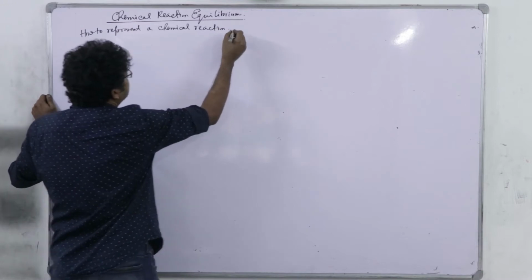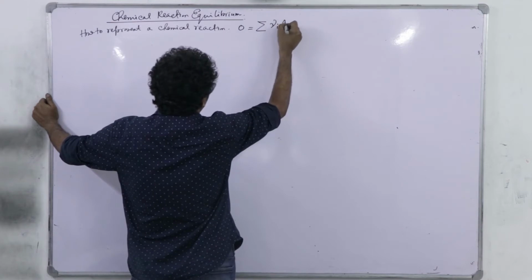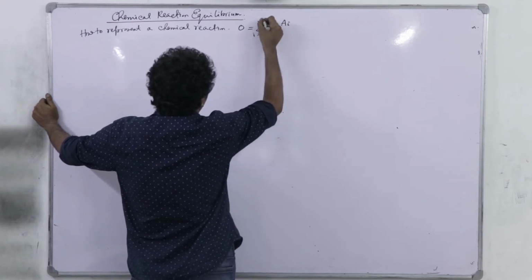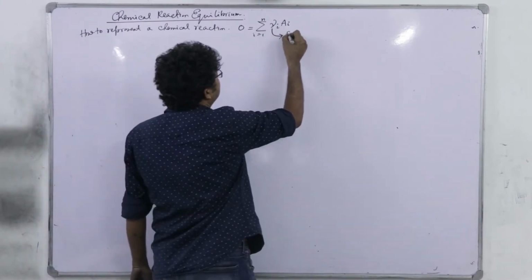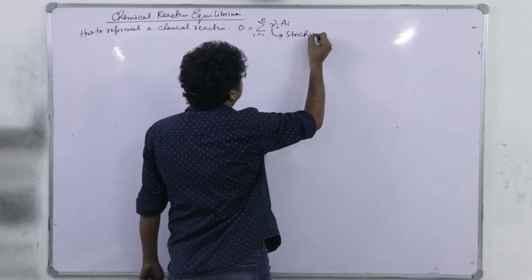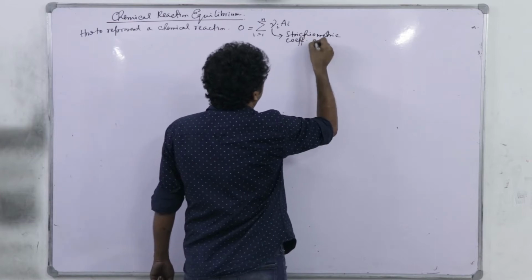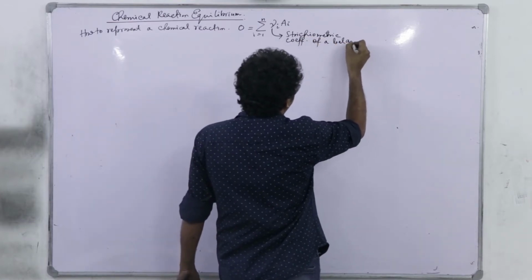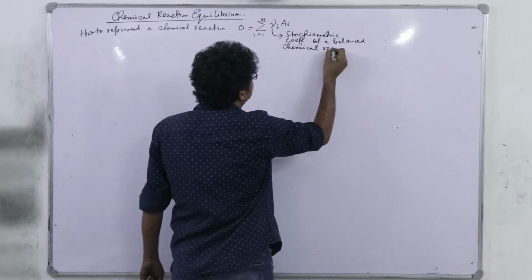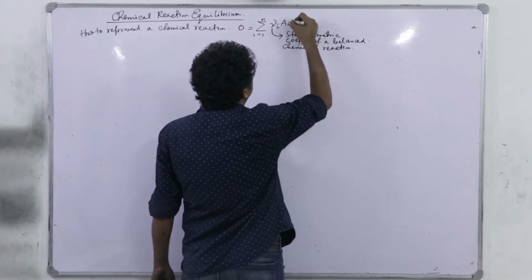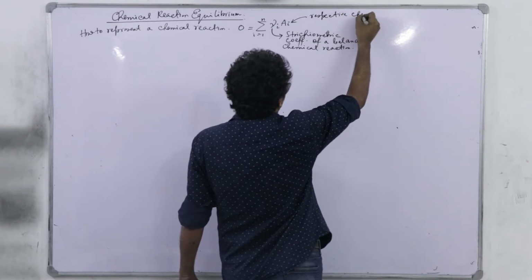As we all know, and have also discussed, the standard style will be like this, where nu i is the stoichiometric coefficient of a balanced chemical reaction, and A i is the respective chemical formula.